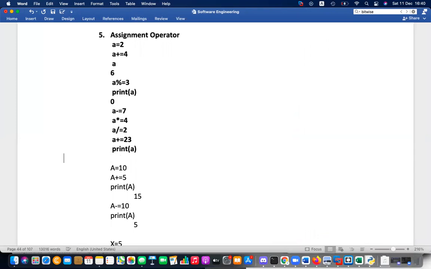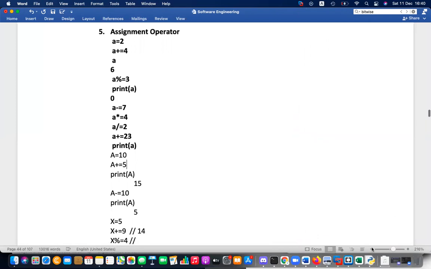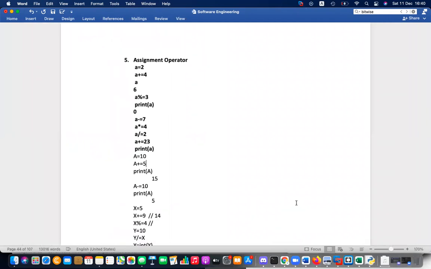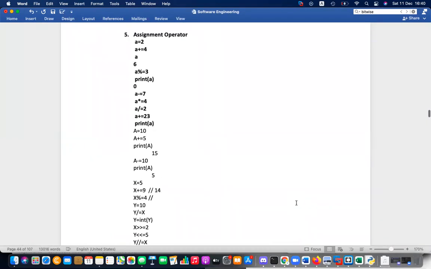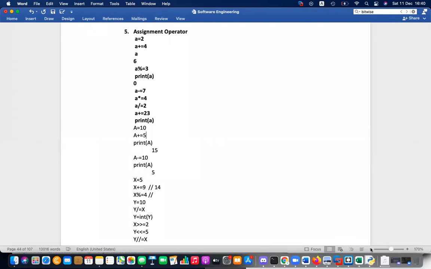Okay, the other part, assignment operators, you can write down. These are some examples for assignment operators. Then try to write the outcome of each line, right? මේ හැම line එකකම result එක ඉස්සරහින් ලියන්න වෙන පාටකින්.